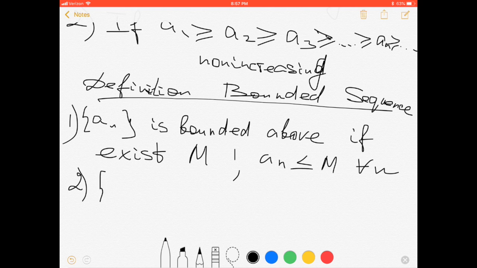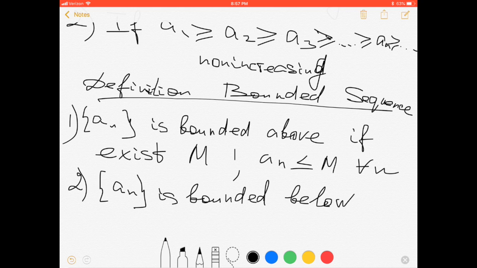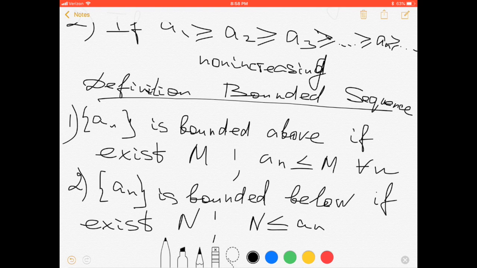Our sequence is bounded below if there exists a real number N such that N is less than a_n for any numbers n.